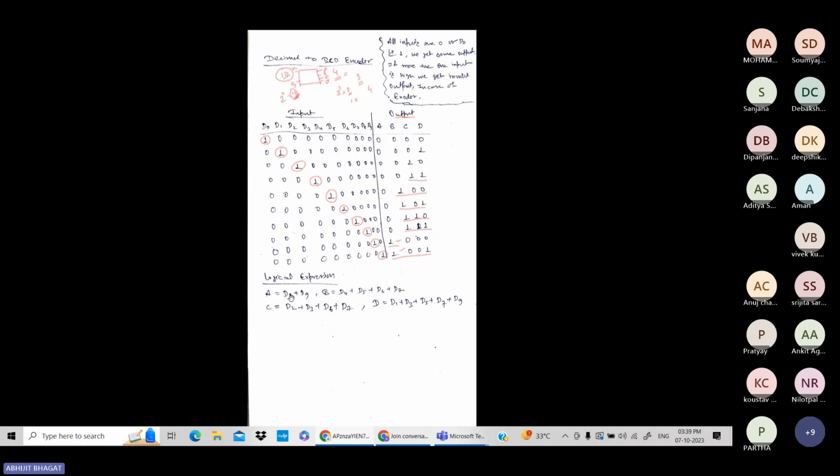So A equals D8 plus D9. Next, you can see B is 1 at this position. You can see my cursor.